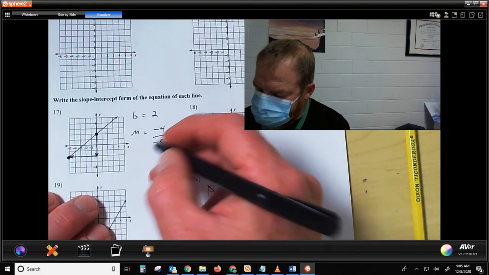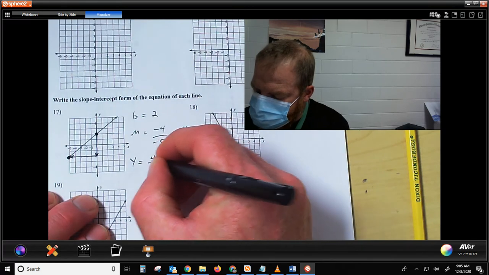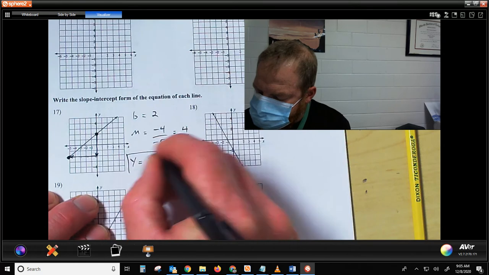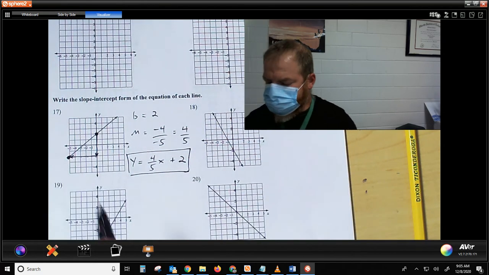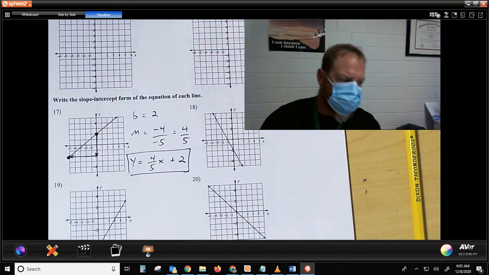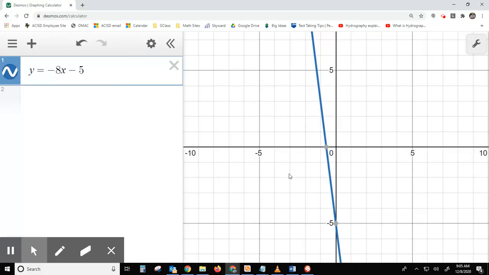So this is the method by hand. y equals 4 over 5x plus 2. That's the equation of that line. But if I've got a picture like this, I can start tinkering with the website also. I can kind of reverse engineer what I'm looking at. I need to change my equation until I get a line here.